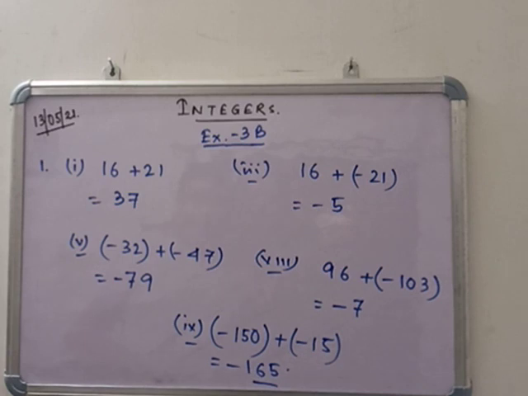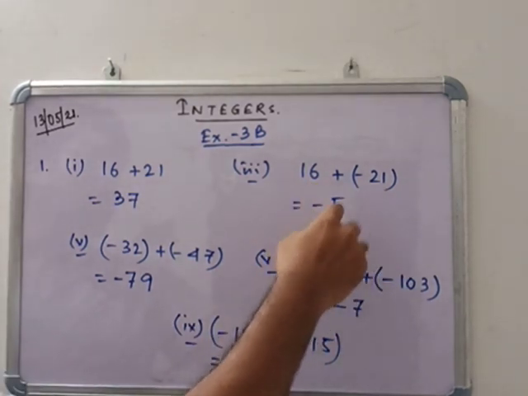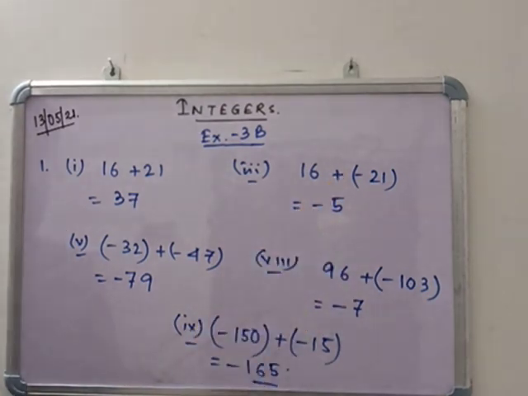In exercise 3b, in number 1, 16 plus 21 is normal addition, this is 37. In number 3, 16 plus minus 21, here the big number is 21 and the sign is minus, so subtract the two numbers and write 5.